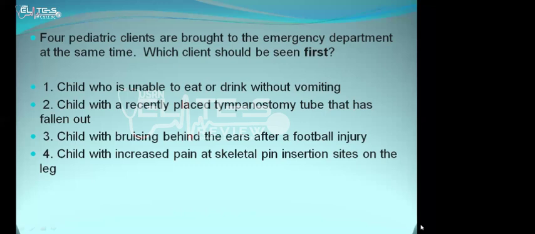This is looking at Maslow's hierarchy of needs. This is a physiologic need, that's eating, but I think this one can be safely delayed. But option 4 should not be delayed because that child can lose his limb. And I also know that pain associated with a limb should be a priority.